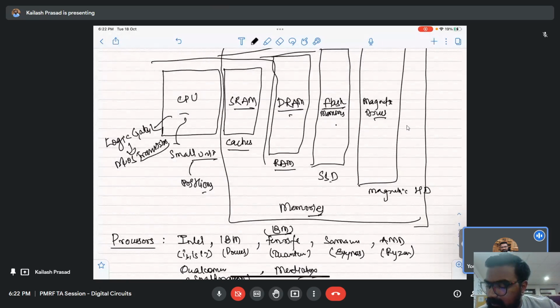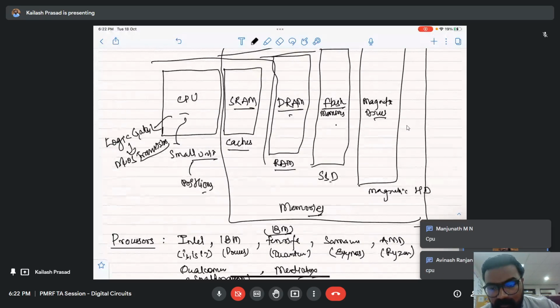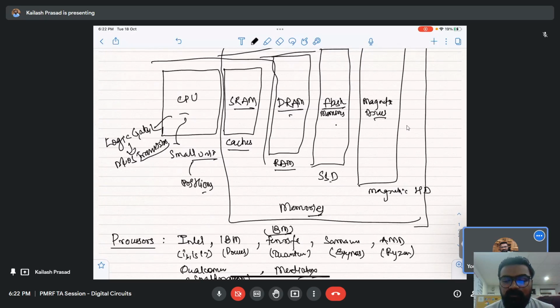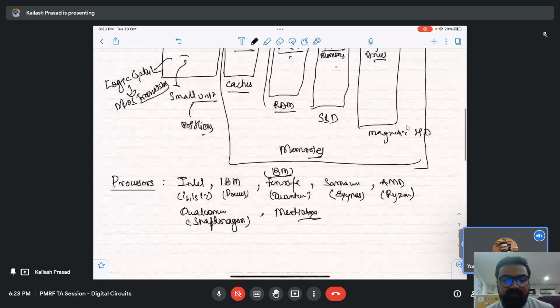Or when IBM designs the processor? Which component will be designed by Intel, IBM, Samsung, when I talk about a processor? The CPU. Do I have any alternate answer apart from CPU?